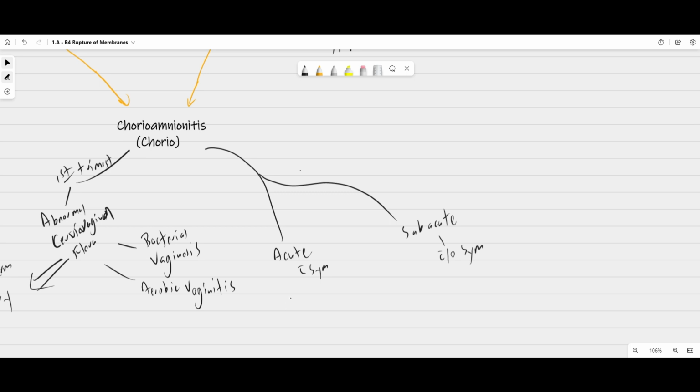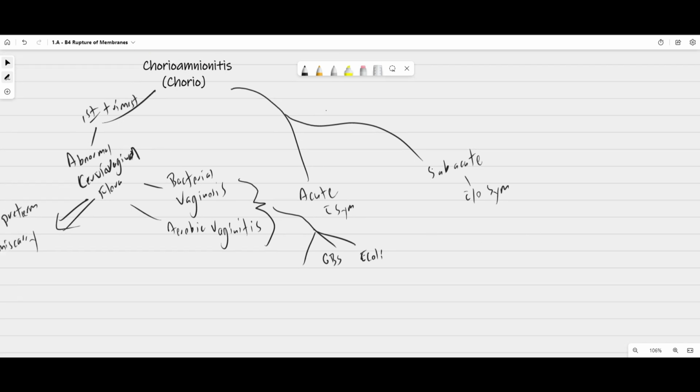With our acute, these agents here, bacterial vaginosis and those aerobic agents, can cause it, along with a couple of other things you're going to hear a lot about, which is group B strep. We swab all the moms for it, but sometimes if it's positive, it can cause that infection going up to the chorio. We can have E. coli infections, and another one that we see pretty frequently is the Streptococcus viridans.